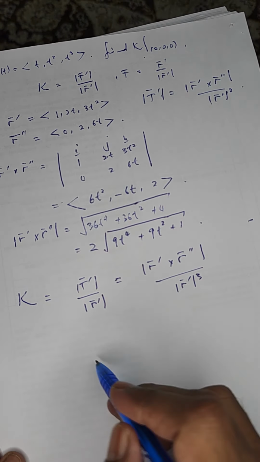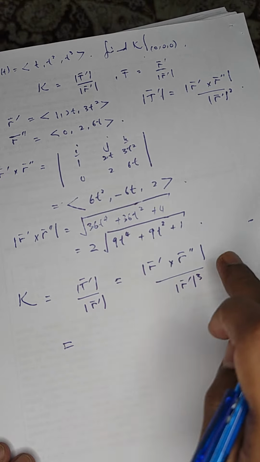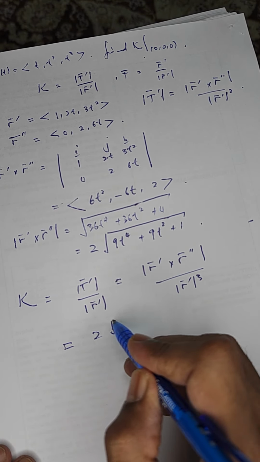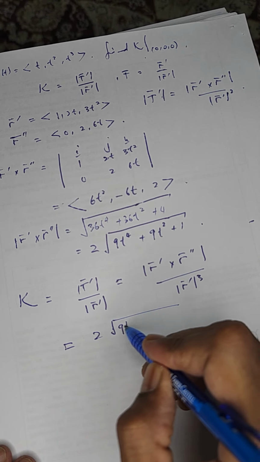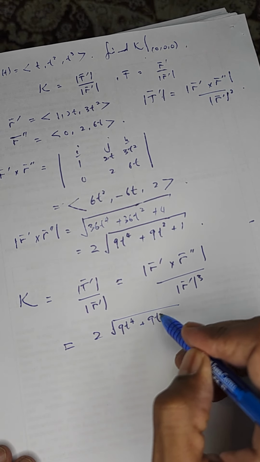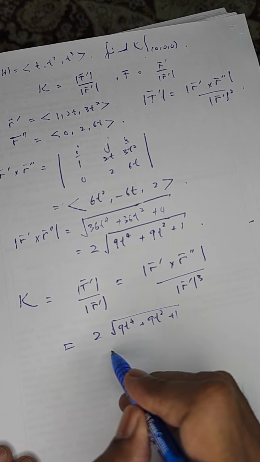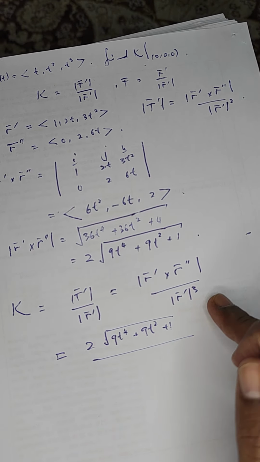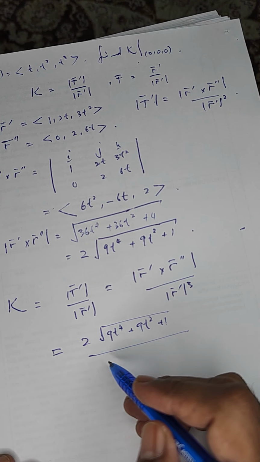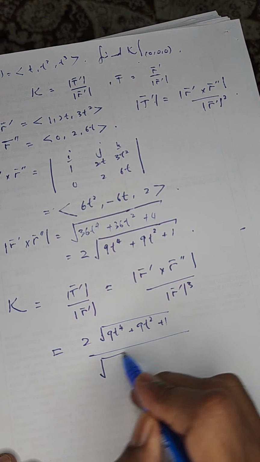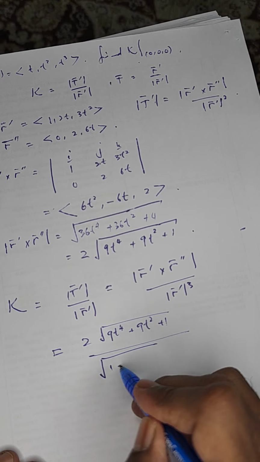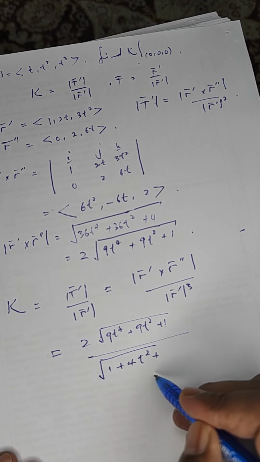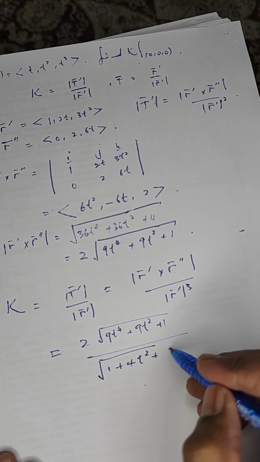Okay, just substitute everything there. So we have magnitude of r prime cross r double prime given by that. So we have 2 square root of 9t^4 plus 9t squared plus 1 over magnitude of r prime. You can find magnitude of r prime. This is square root of 1 plus 4t squared plus 9t^4.